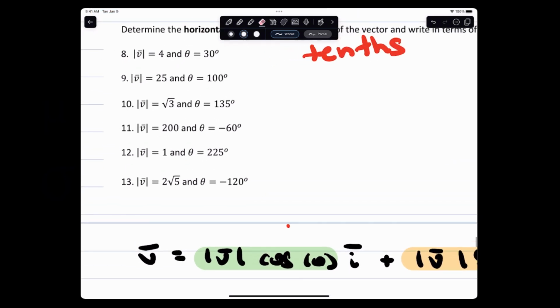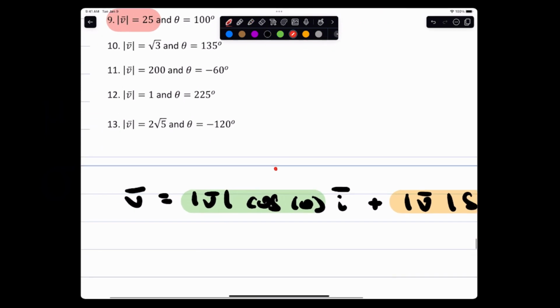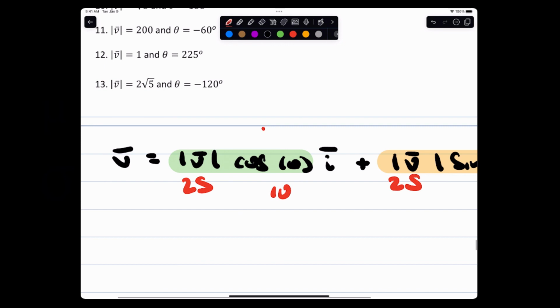So number 9, what's the magnitude in number 9? Do you guys see it? The magnitude for number 9 is 25. So you should plug in 25 for the magnitude. Okay, what's the angle though? 100 degrees, is that right? So you're going to plug in 100 degrees.